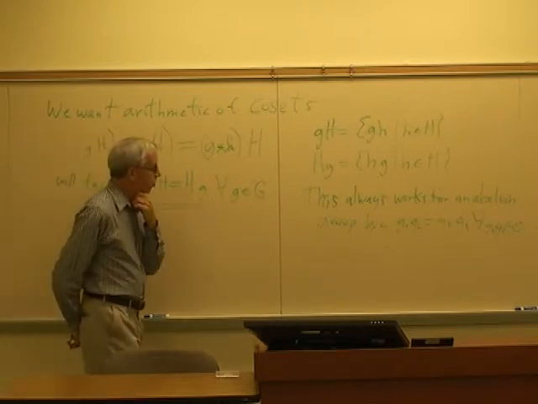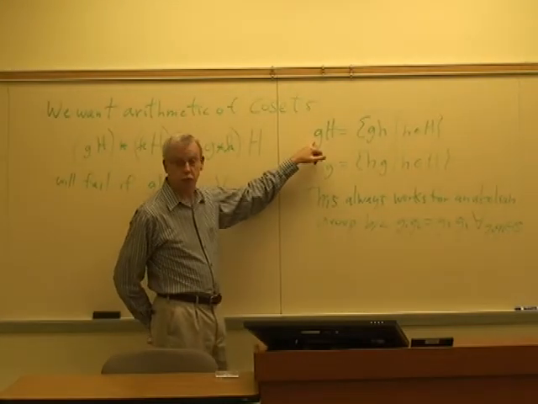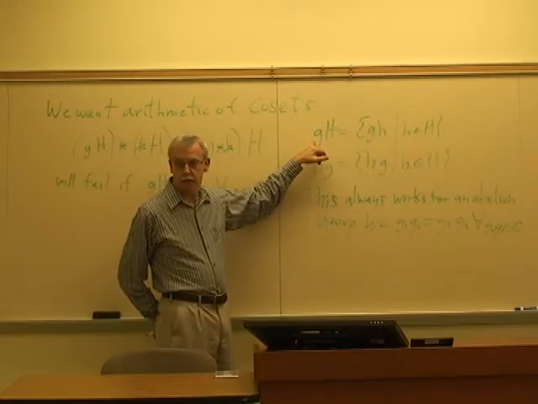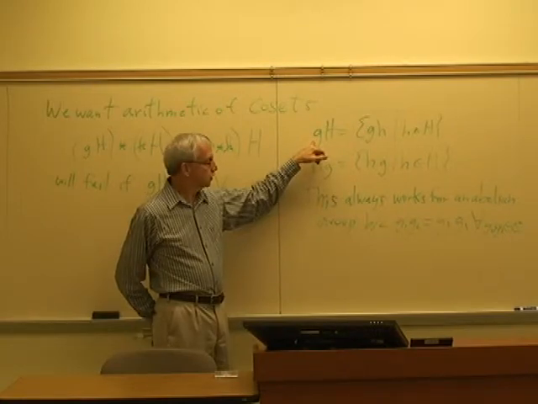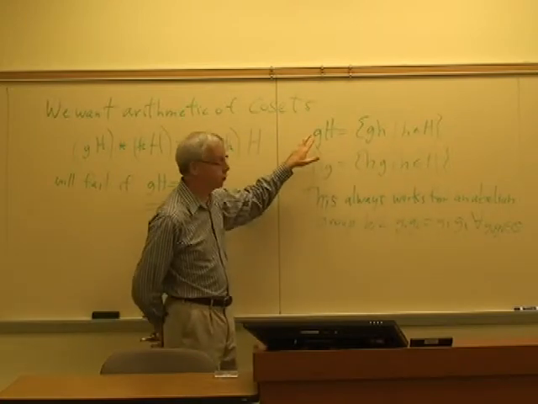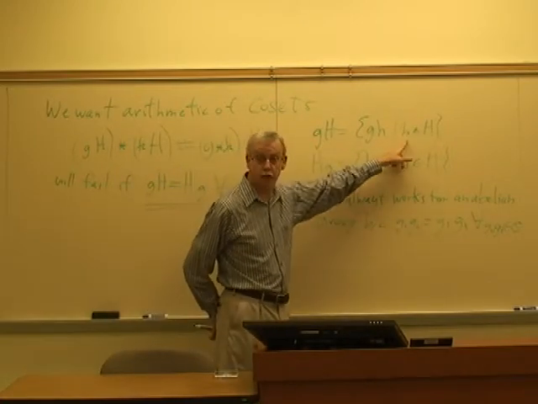I guess first question is, does this element G have to commute with every element in the group, or the elements of H? So it doesn't have to commute with everybody, just the elements of H.